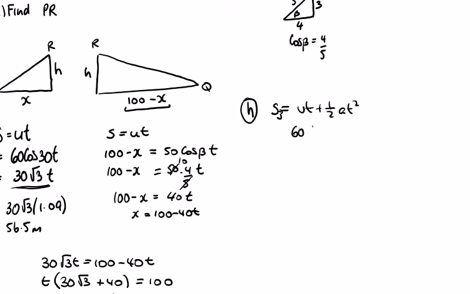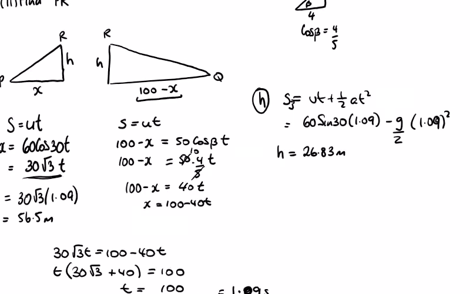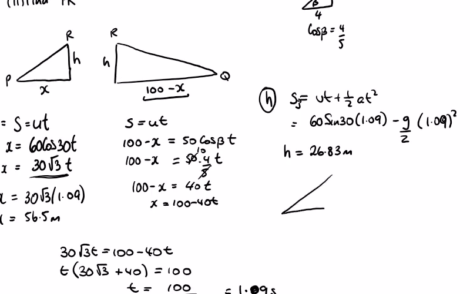So 60 sine 30 times 1.09 minus G over 2 times 1.09 squared. We type this into a calculator, we're going to get H is equal to 26.83 meters.